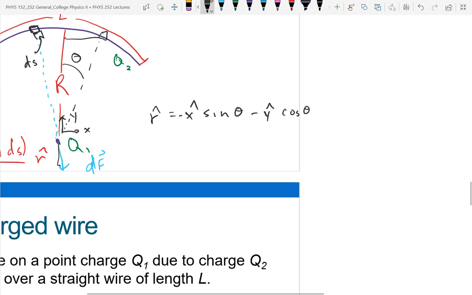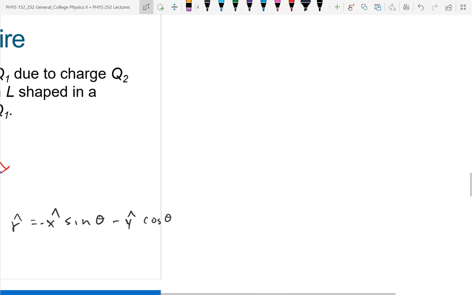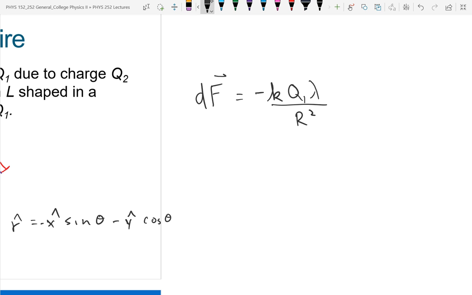And so now any genius says, well, you really screwed up. df vector is equal to minus k q1 lambda over r squared times ds times, I have a sign error somewhere, you know that?